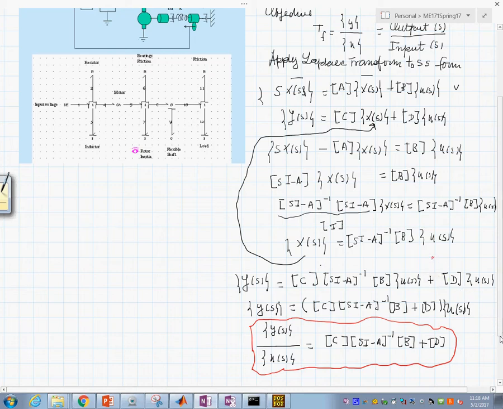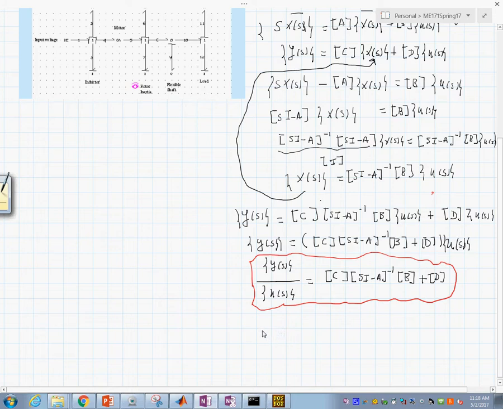The transfer function is related to the matrices this way: C times (sI minus A) inverse times B plus D.